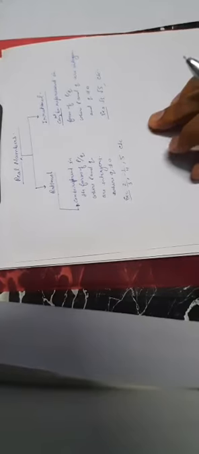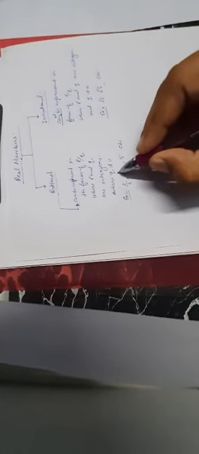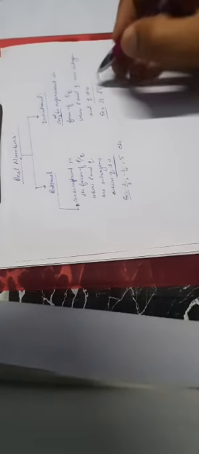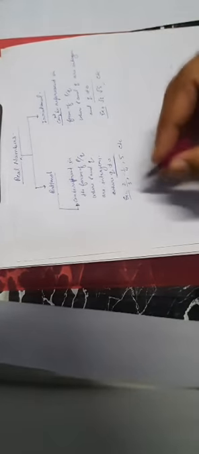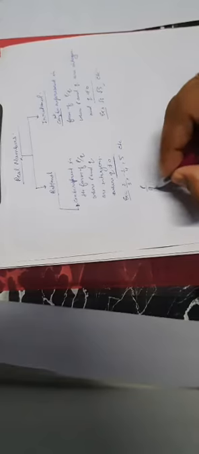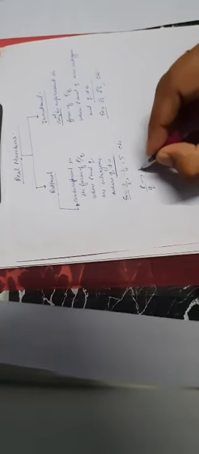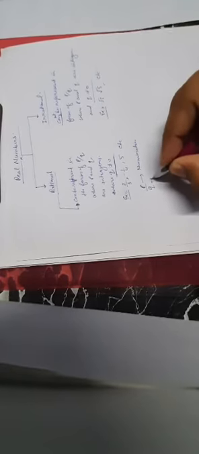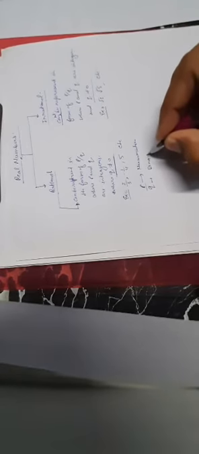Now some students have the problem: why do we take Q is not equal to 0? When we write the number in the form of P upon Q, P is the numerator and Q is the denominator.